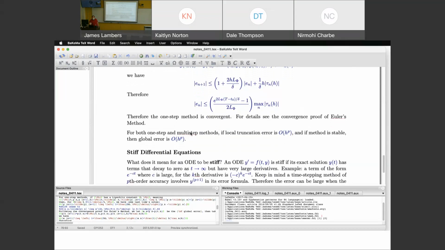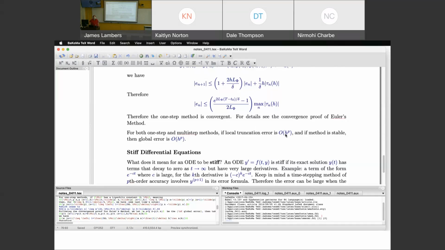Now, this is just determining method convergence at all. What about if you know method convergence, but you want to know what's the order of accuracy? If the method is consistent and stable and therefore convergent, the global error has the same order as the local truncation error.